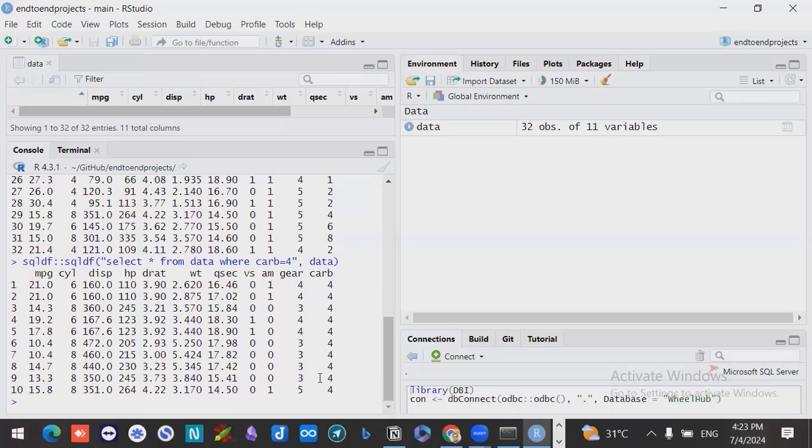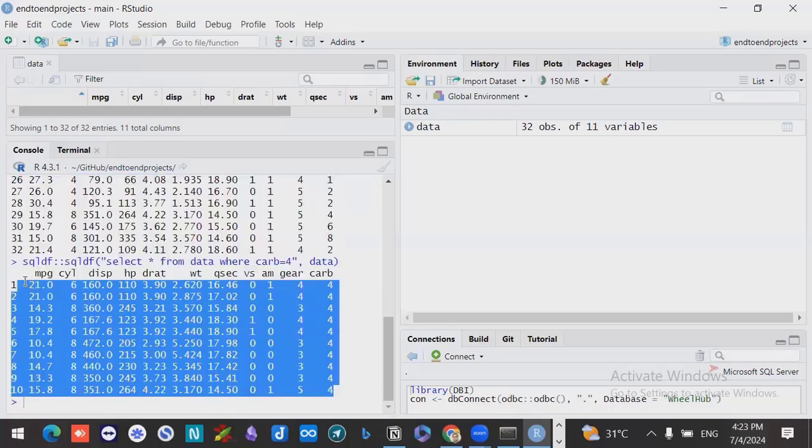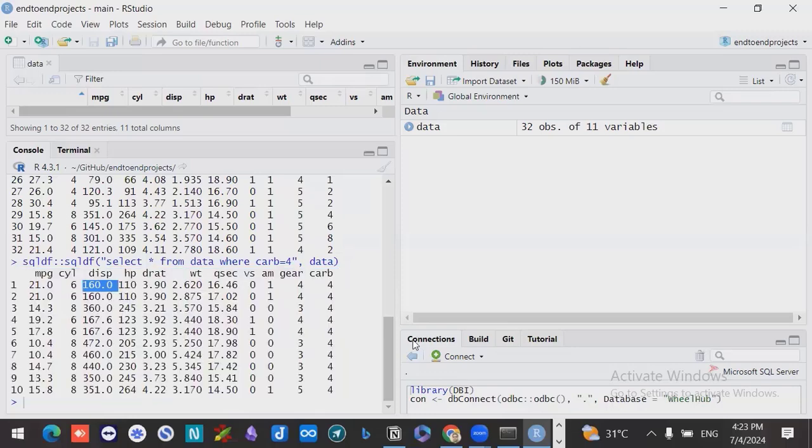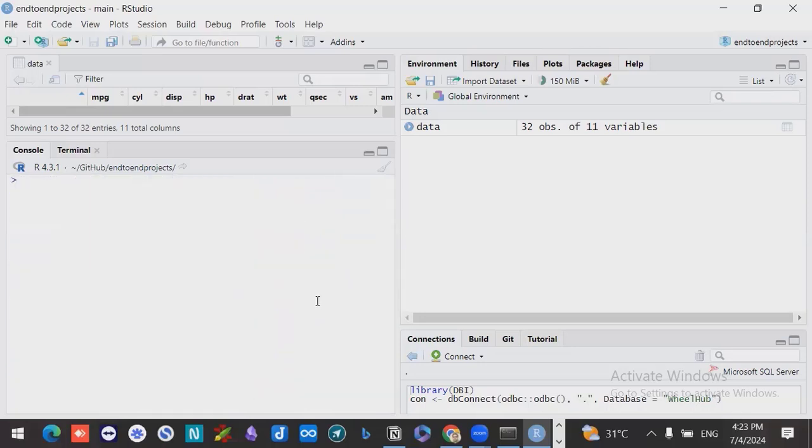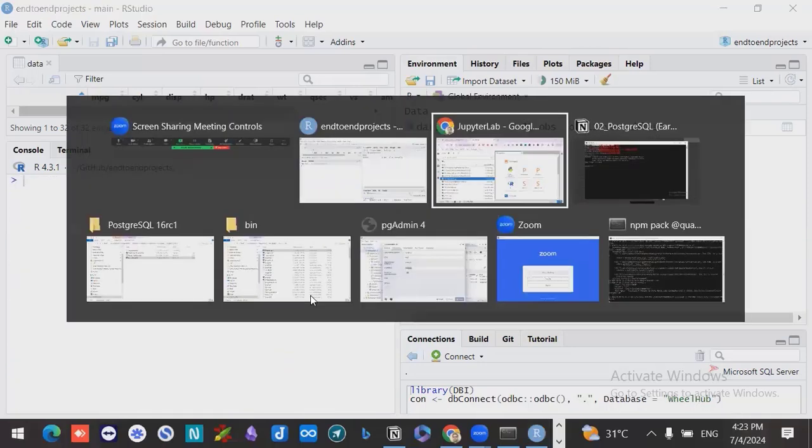You can filter whatever data you need. Not only filtering, you can group it and change it. You can apply mathematical operations, like the sum of displacement if you want to look at it. We can look at that with a query in a similar manner. This is what SQL we learned, along with connections with various data frames.